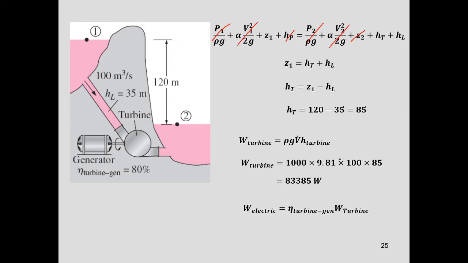So the overall efficiency is 80%. So you can calculate the electric power generated. W electric equals the overall efficiency, 0.8, times the mechanical work of the turbine, 83,385 watt. So you got that. The answer is the electric power given is 66,708 watt.